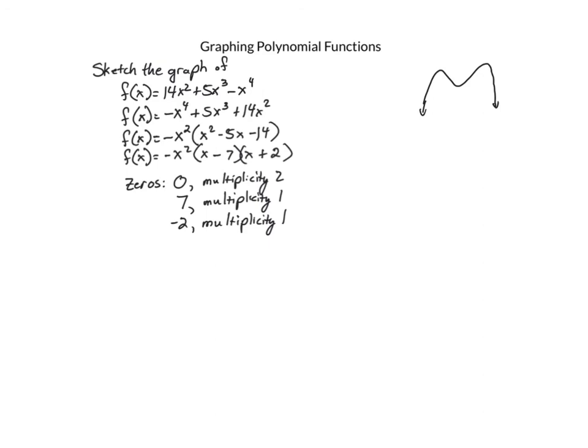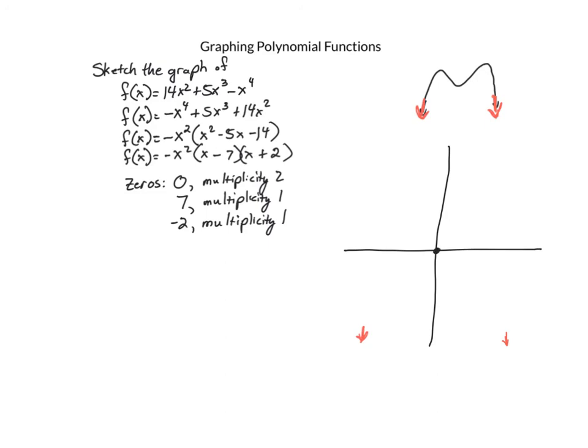So let's see how the graph will look. I'm going to put the grid over here to the right. Again, our end behavior we know will look like this. So it's going to be down here somewhere and down over here. Let's put our intercepts on. We have 0.